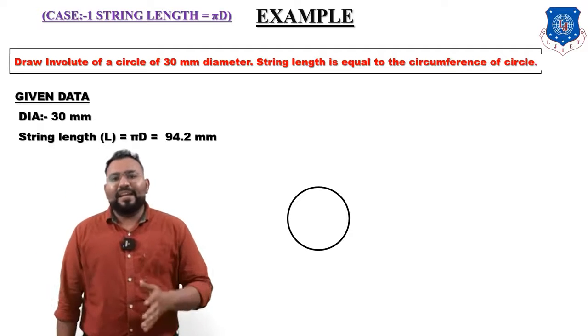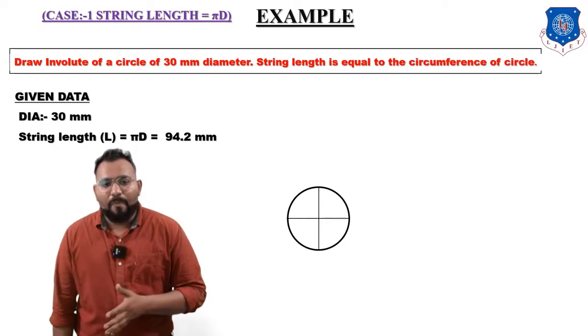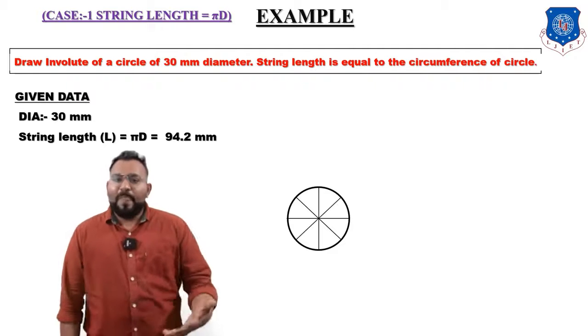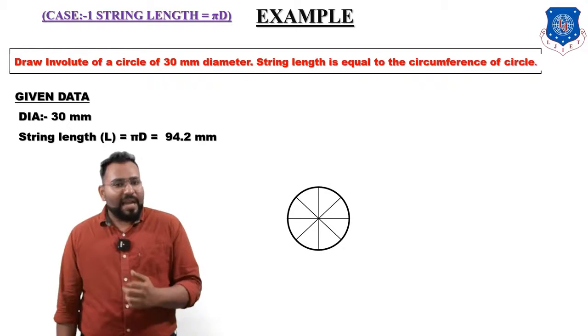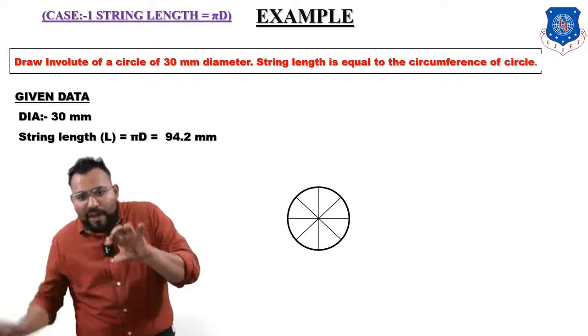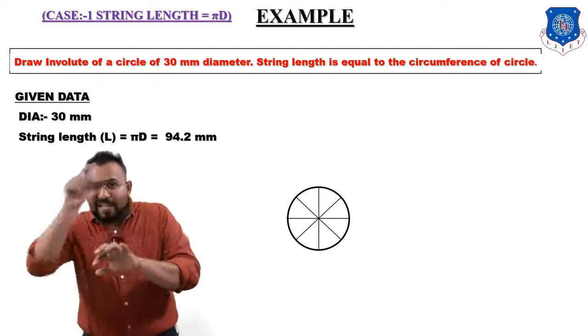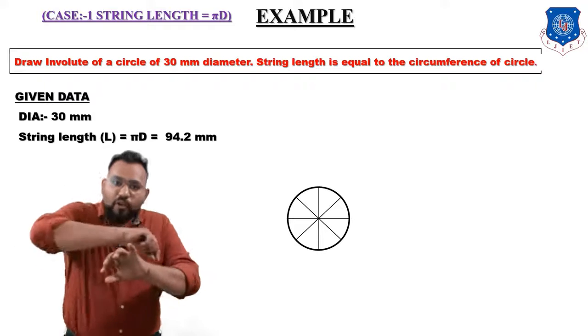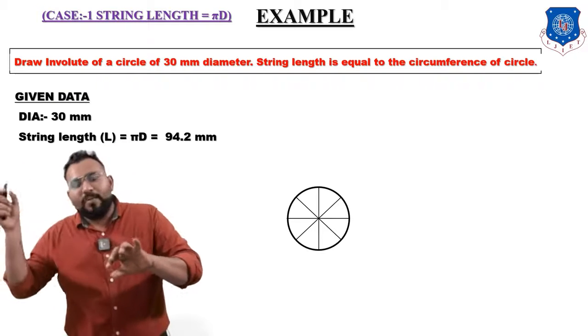Now divide this circle into 8 number of parts. Now we have to give the numbering, but how to give numbering, clockwise or anti-clockwise? Because here I am wounding the string, that's why I am going to give numbering in anti-clockwise. If I am going to unwound, then I am going to give numbering in clockwise.